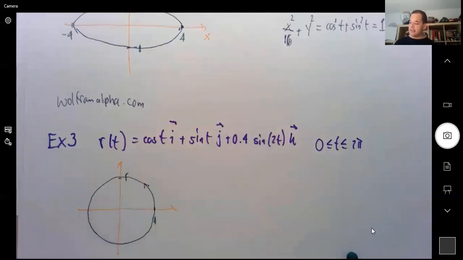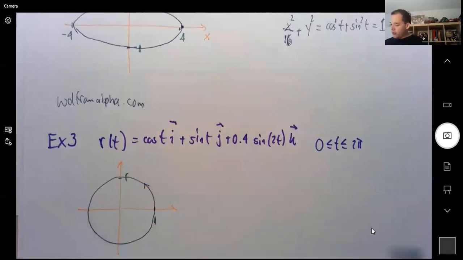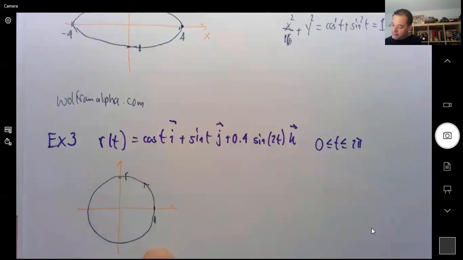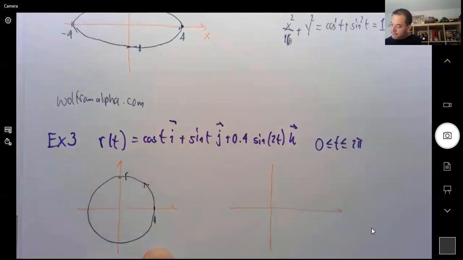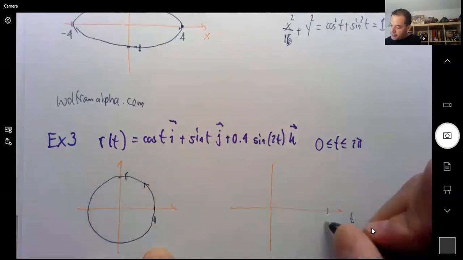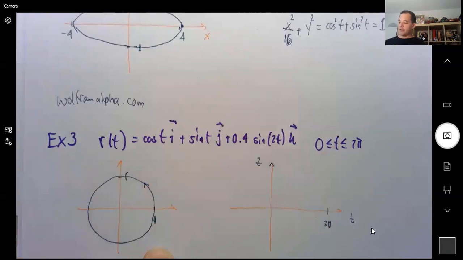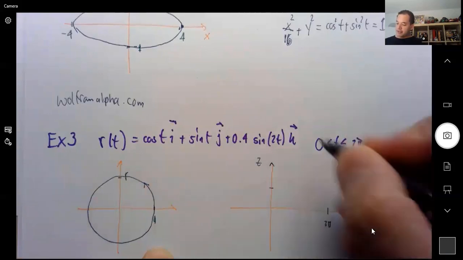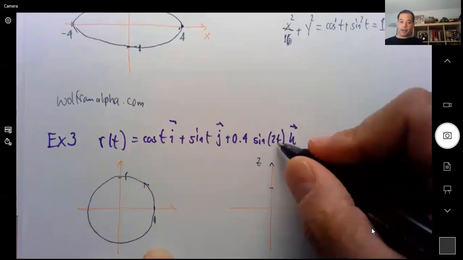But what is the z coordinate doing? Sine of 2t. Let's do another graph over here of the z. So I'm going to graph t over here between 0 and 2 pi. And over here will be the z. So I want to know what's happening with the z. And sine oscillates between -1 and 1. But we're multiplying by 0.4.